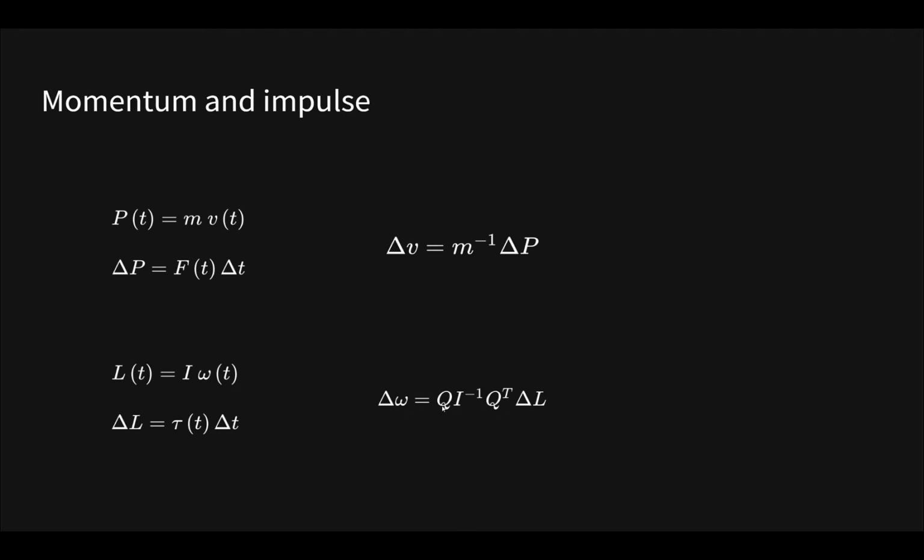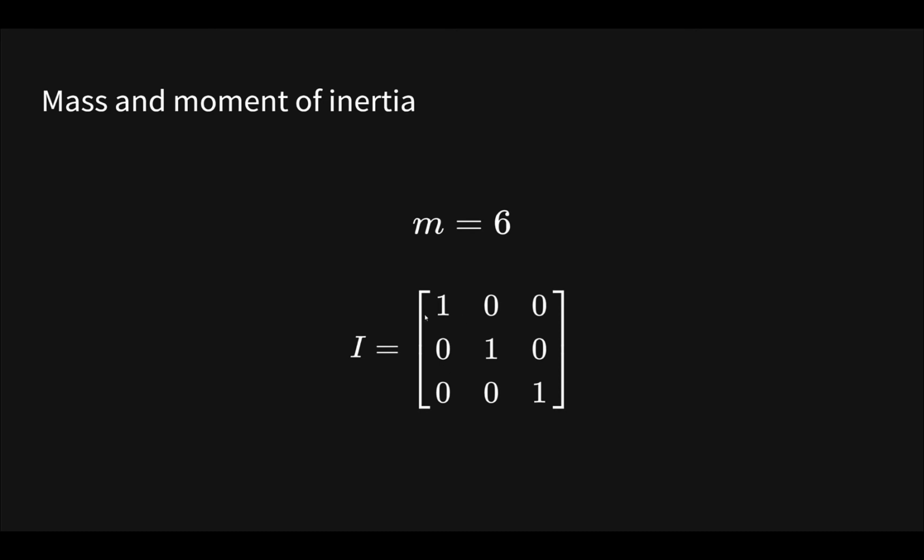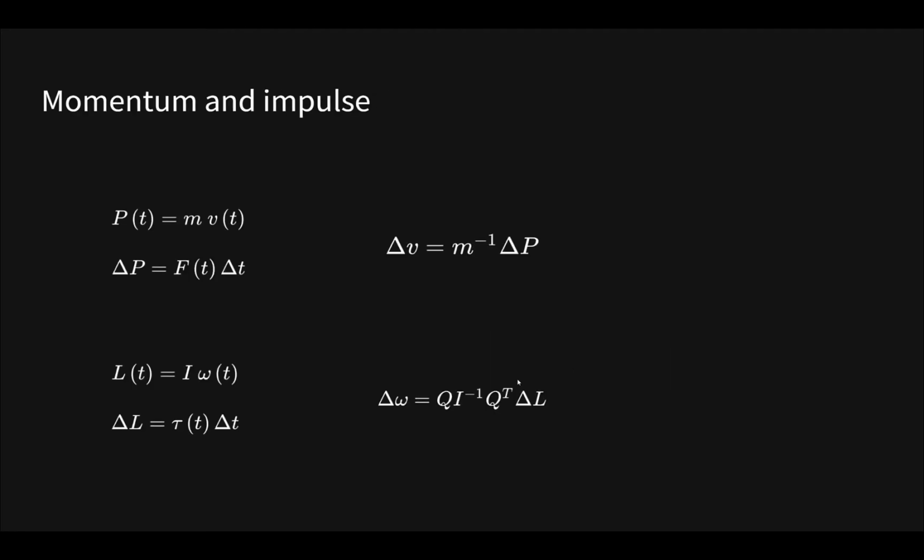I have this little equation here where Q is the rotation matrix of the object. Because the inertia tensor is defined locally for the object, and as an object rotates, its inertia actually changes, this is what is known as a local inertia tensor.